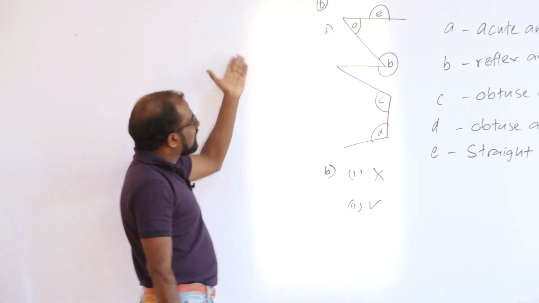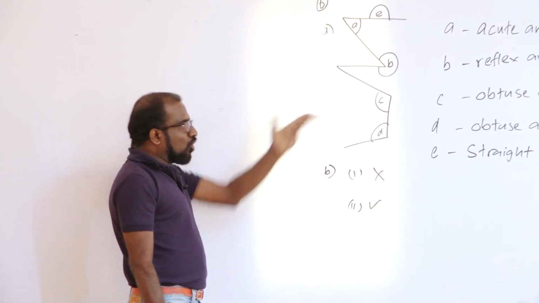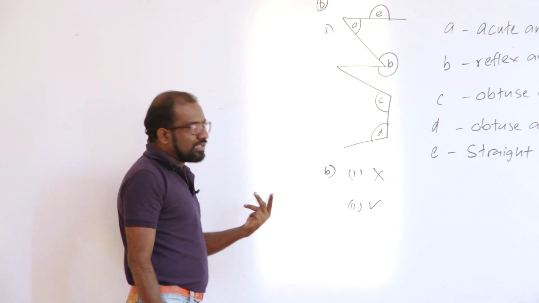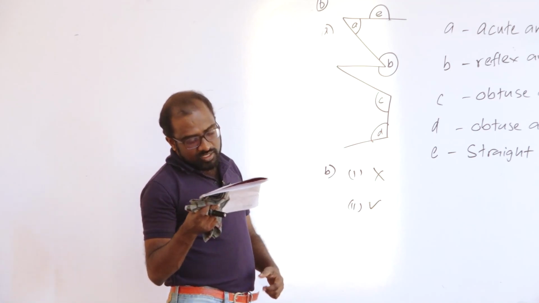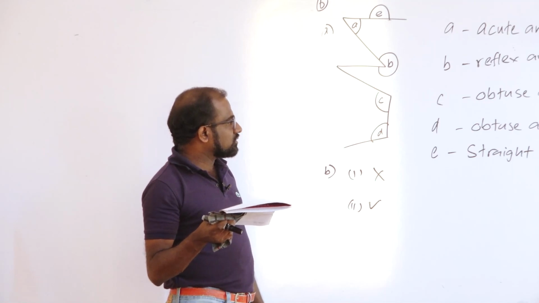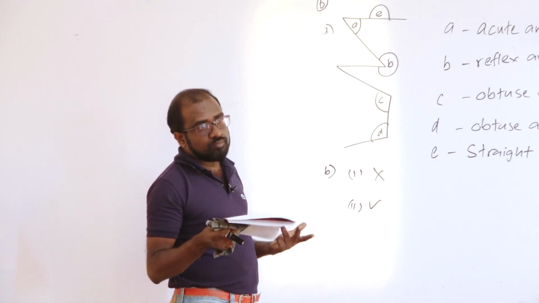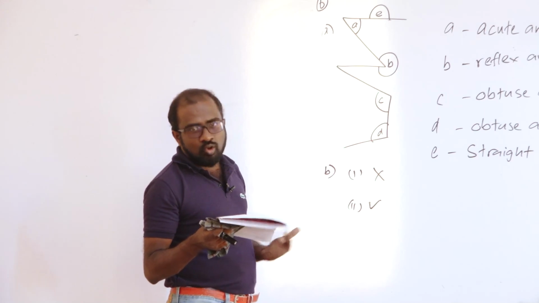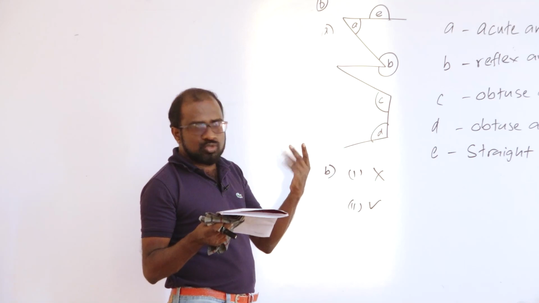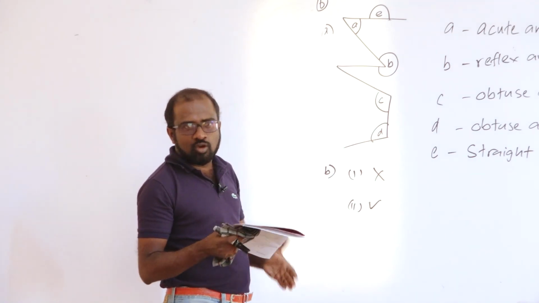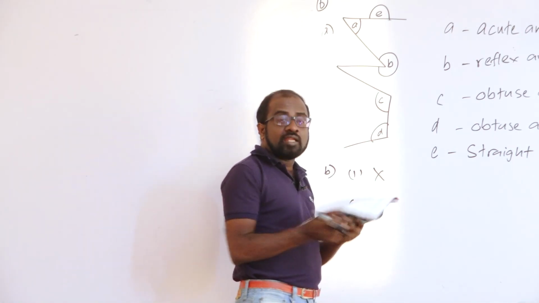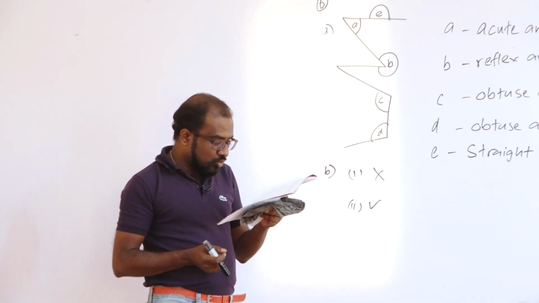So examples of vertical planes are whiteboard, wall, door, electric pillar. You can write anything that is a vertical plane. Door, window, wall, whiteboard, electric pillar, a flag post. When a flag post is erected, everyone puts it straight. There are a lot of examples, but they ask for two, so you can write any two.